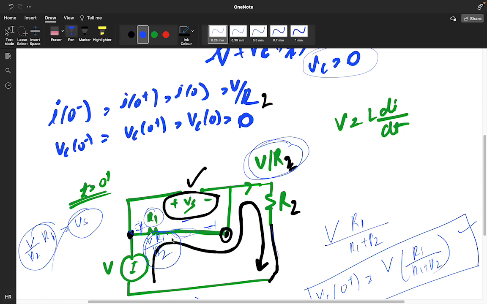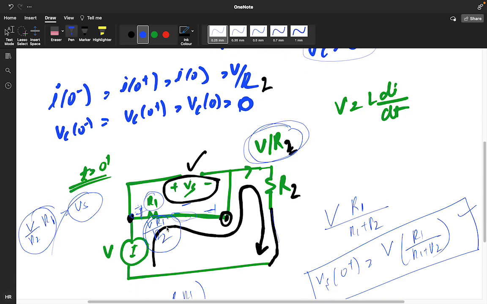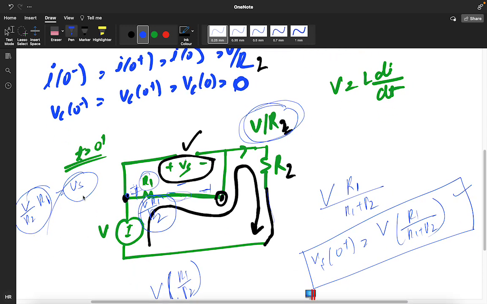Also, with the help of the voltage divider rule, we can do V into R1 divided by R1 plus R2. So one option is V of switch equals V into R1 divided by R2, and they can give you the option like this also, V into R1 divided by R1 plus R2.